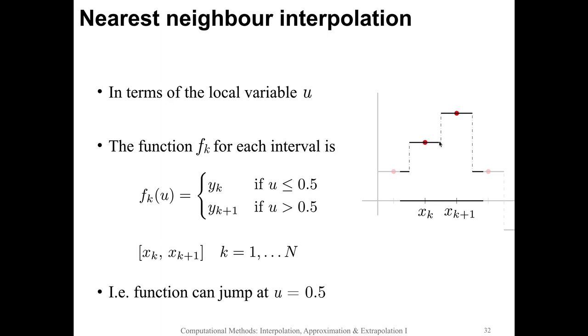And as soon as we reach the halfway point, there's a jump, and we start to assign the value at the next knot point, which is yk plus 1. So that's why we get these horizontal bars stretching halfway away from each knot point to the next, and then there's a discontinuous jump there.